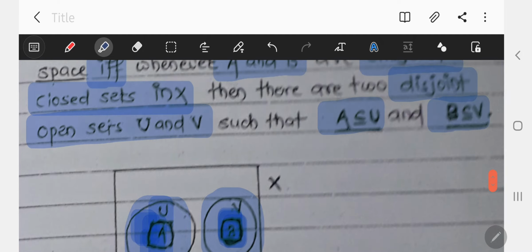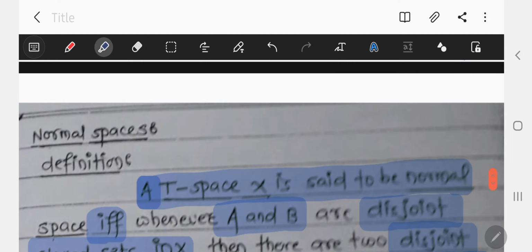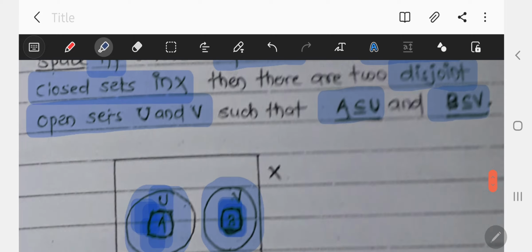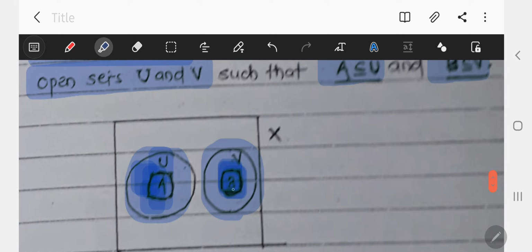Such a topological space is called a normal space. For normal space, we take two disjoint closed sets and those sets are contained in two disjoint open sets U and V. Such a topological space X is called a normal space.